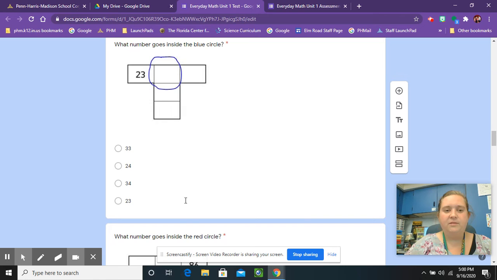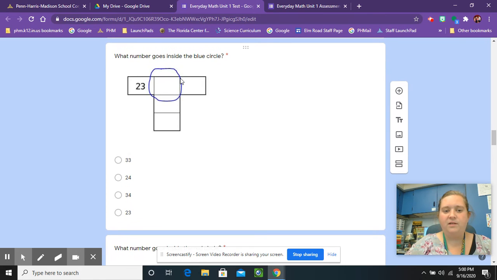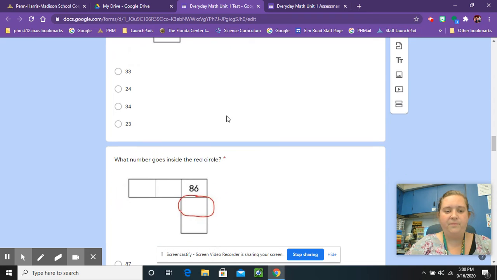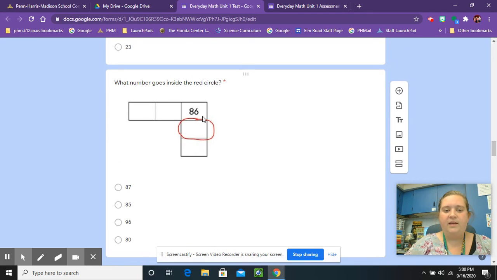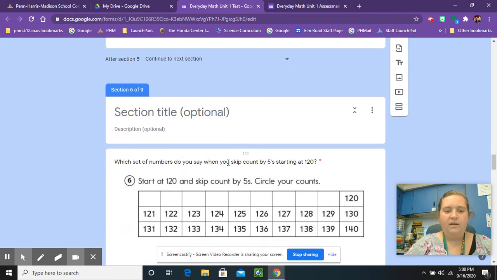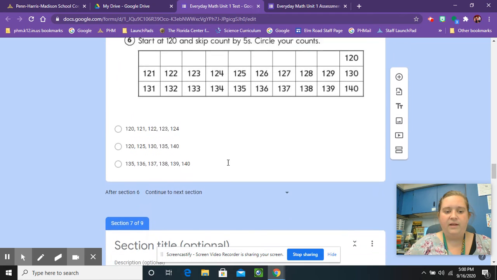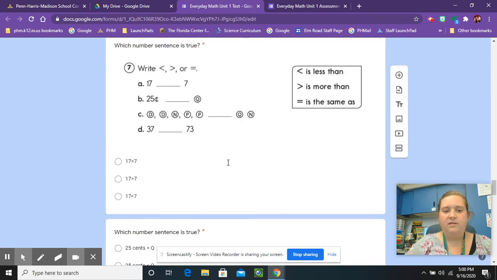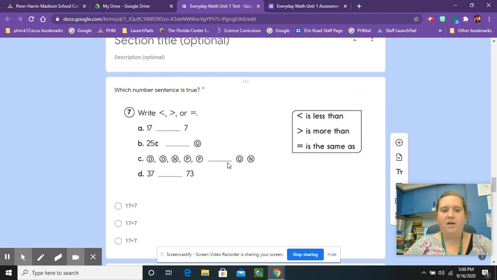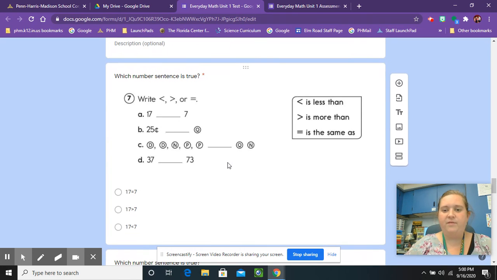Then here, when you get to this question, I want to only know the number that goes in the blue circle. Again, I want to know what the number is that only goes in the red circle.